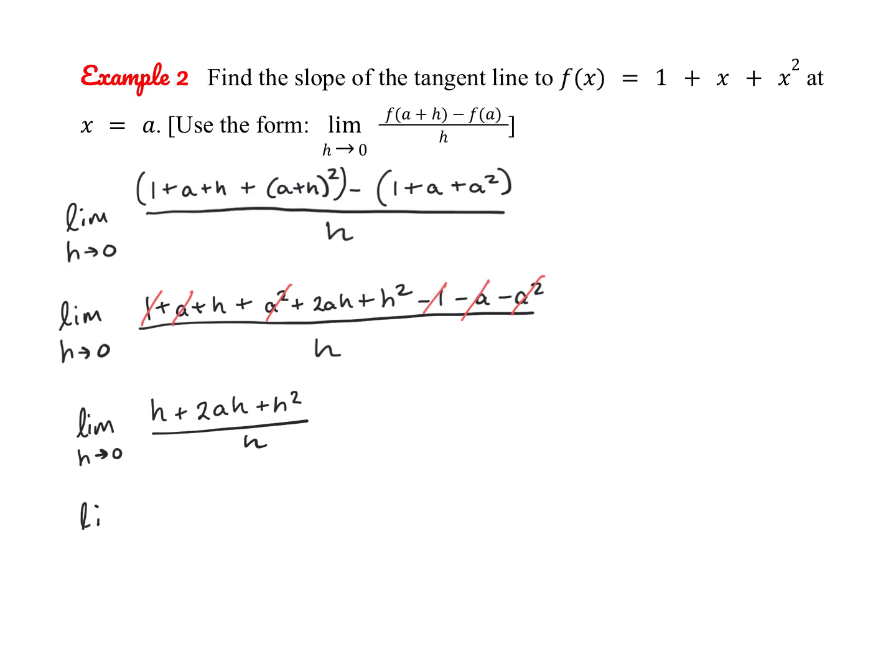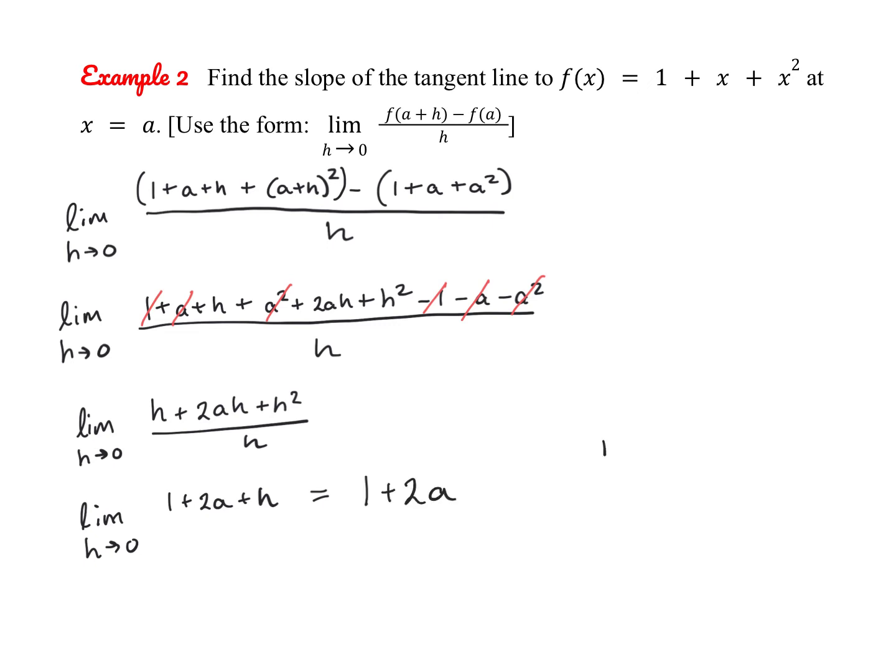So we can simplify that because we have the common factor of h. So we're left with 1 plus 2a plus h. So the limit as h approaches 0. So from here, we can just do direct substitution. So the h becomes 0, and we're simply left with 1 plus 2a.